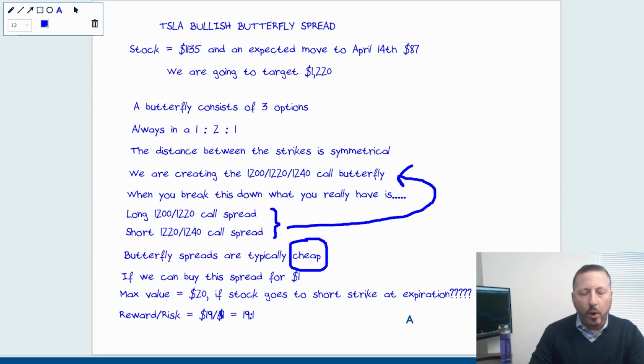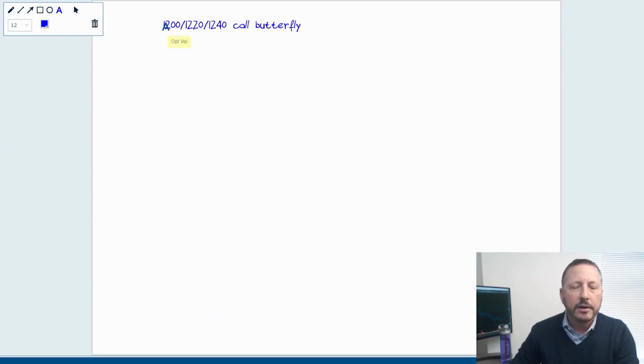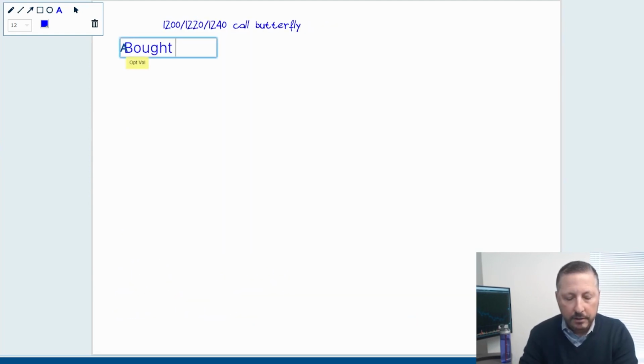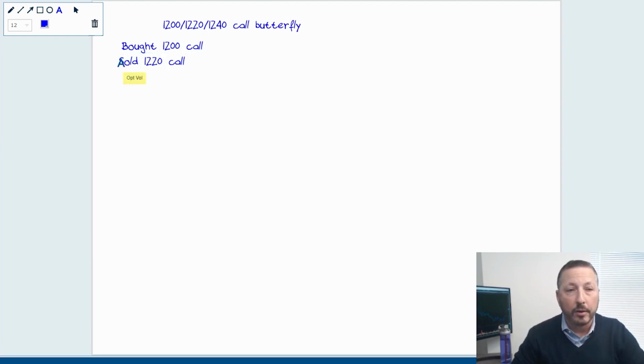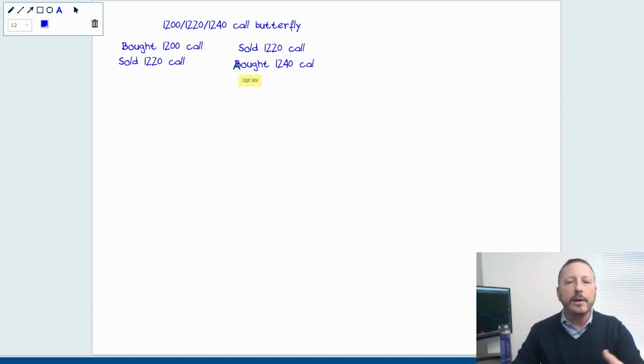Now let's go through what the P&Ls would be on something like this. Breaking this down, it means we bought the 1200 call and sold the 1220 call. That's the first part of our butterfly. The second part is sold the 1220 call and bought the 1240. The reason why we buy that last strike, the end of the butterfly, is for protection.